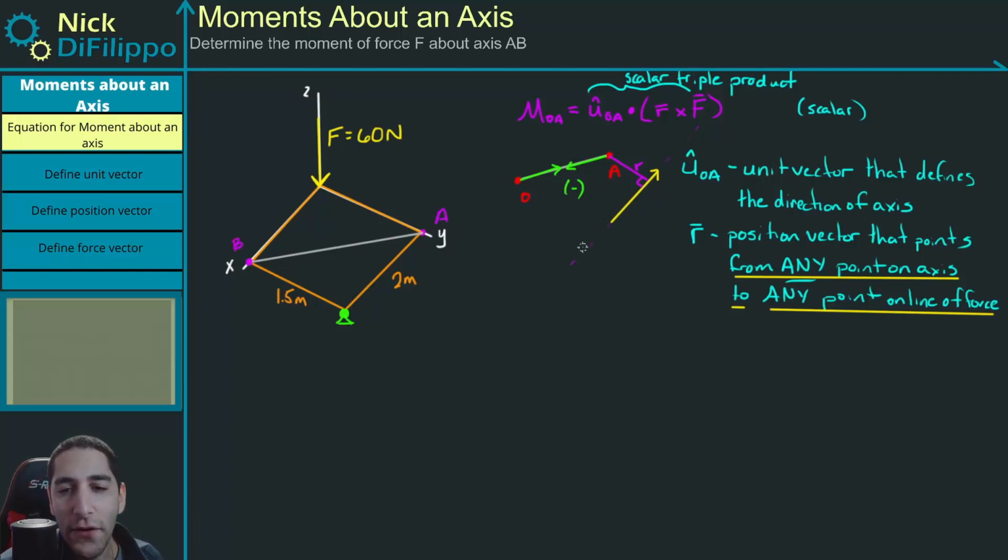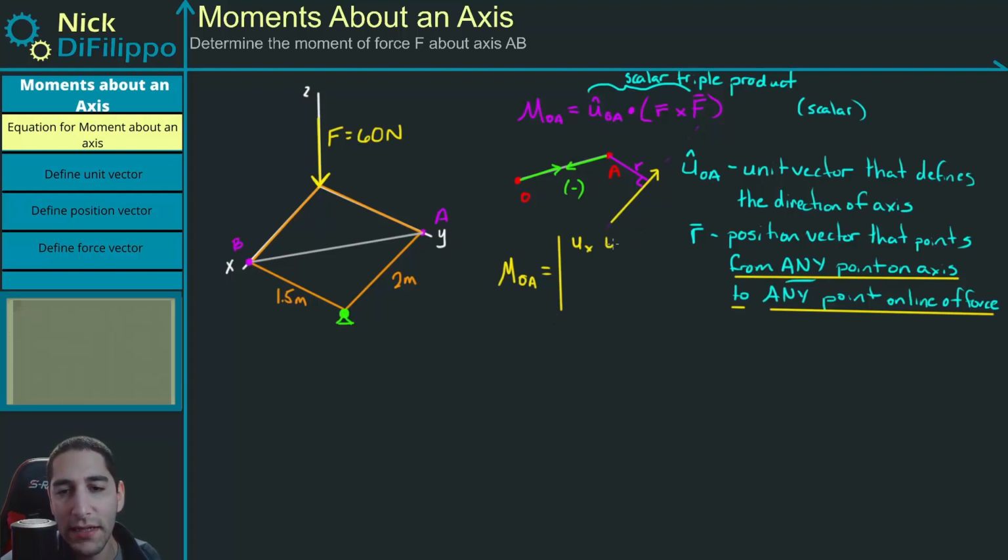Now, after you have all of these different variables, you're going to put this in a matrix. The moment about OA is going to equal a 3 by 3 matrix. It's going to be the unit vector, and I'm just going to call it U of X, but really it's the X, Y, Z components of that term.